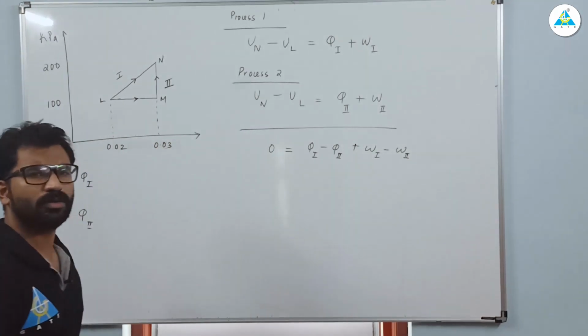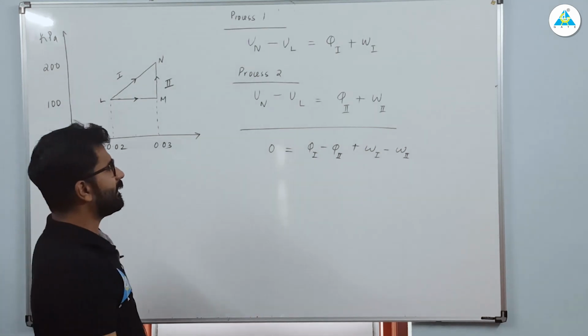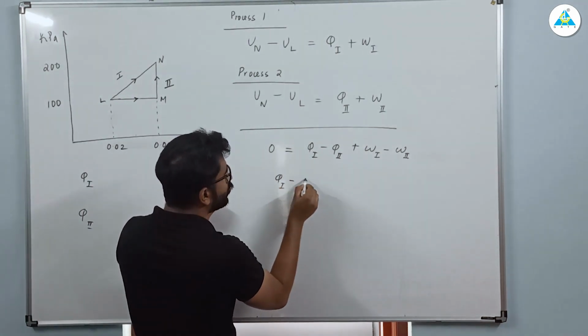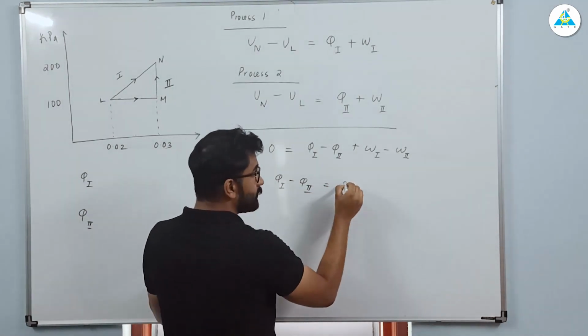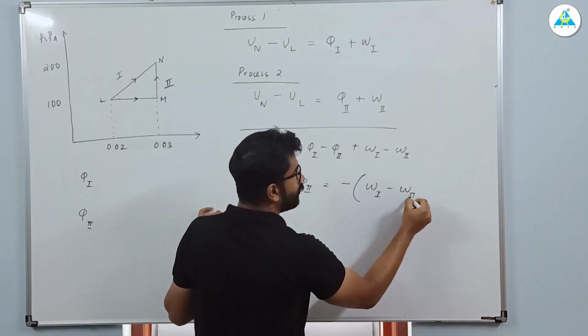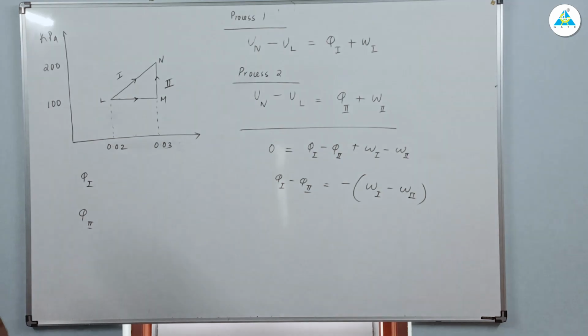So you need to calculate W1 minus W2. Your Q1 minus Q2, that is the value you need to calculate, is equal to minus of W1 minus W2. No problem.